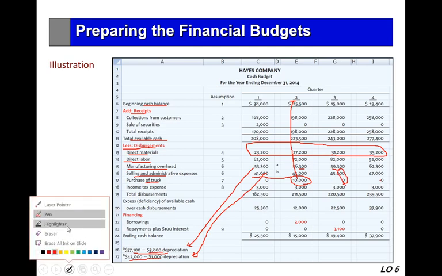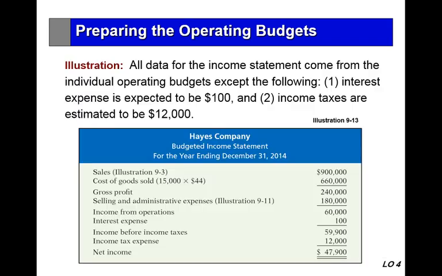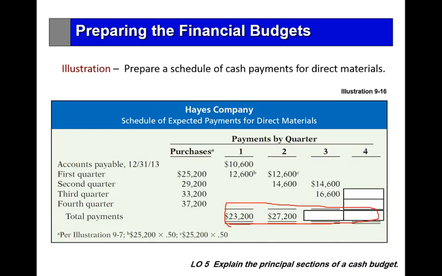Finally, for payments, we have income tax expenses. From where do income tax expenses come? Income tax expenses come from the budgeted income statement. In the illustration, it said that income taxes are estimated to be 12,000.